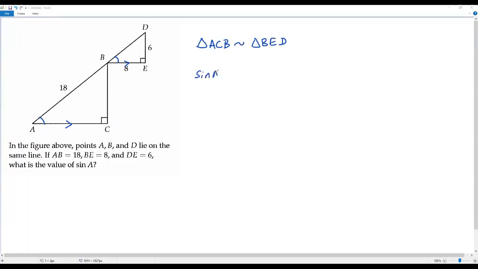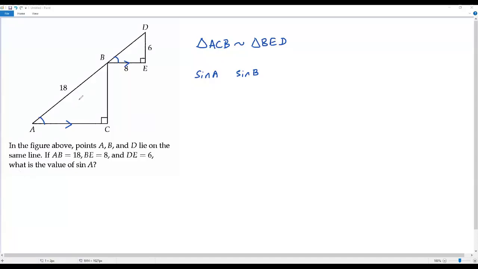So sine A means the value of the trigonometric function sine for the interior angle measure we have at the vertex A. And now let me find the value of the trigonometric function sine for the interior angle measure at the vertex B. Then I'm getting sine B. Already we know that vertex A and vertex B in these two triangles are corresponding vertices, and also the two triangles are similar.